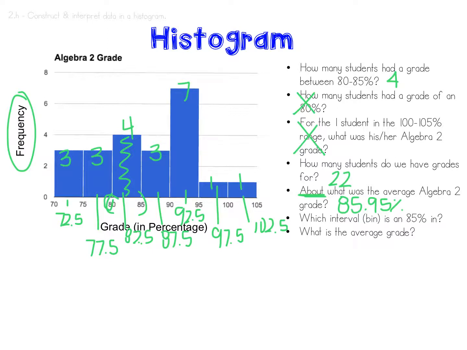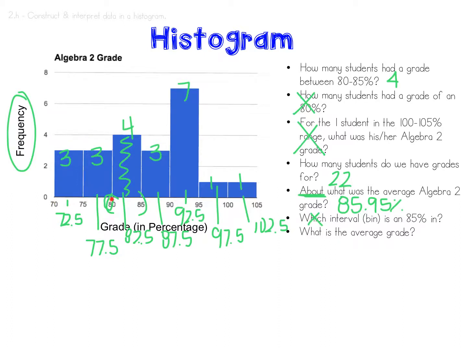So that's one thing about histograms that can be a little bit confusing, is knowing those breaks, which bin they are part of. So we actually can't answer that because we're not sure based off of the data that we're given. Now, when I look at this, I tend to think that 70 to 74, because it starts at 70.